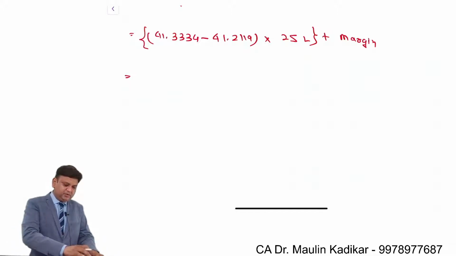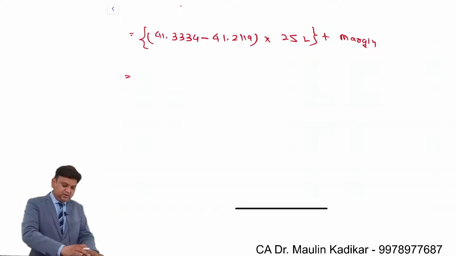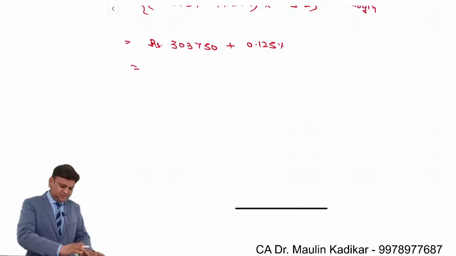So 41.334 minus 41.2119, that is 12.15 paise into 25 lakhs. That comes to 3,03,750 plus 0.125 percent.